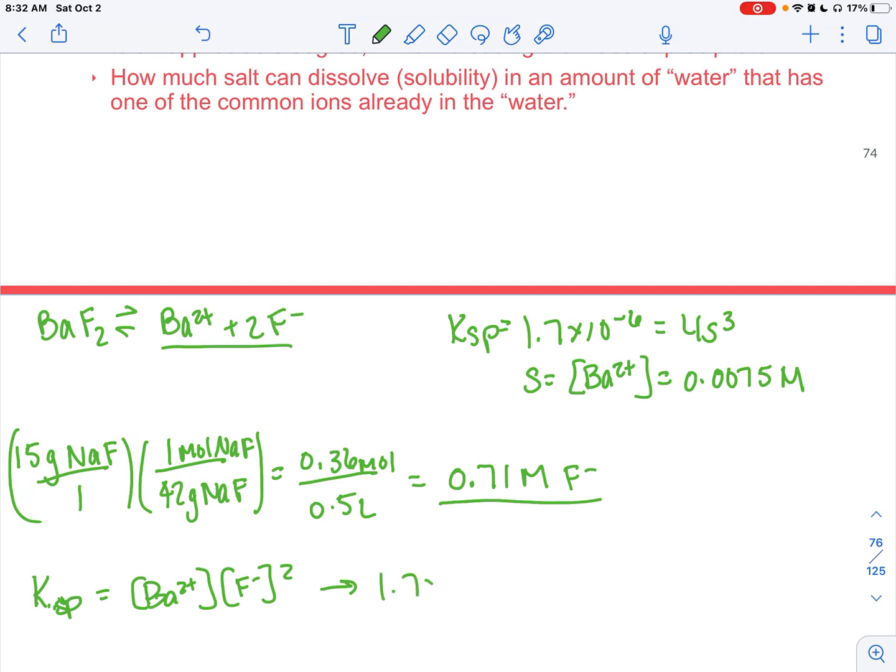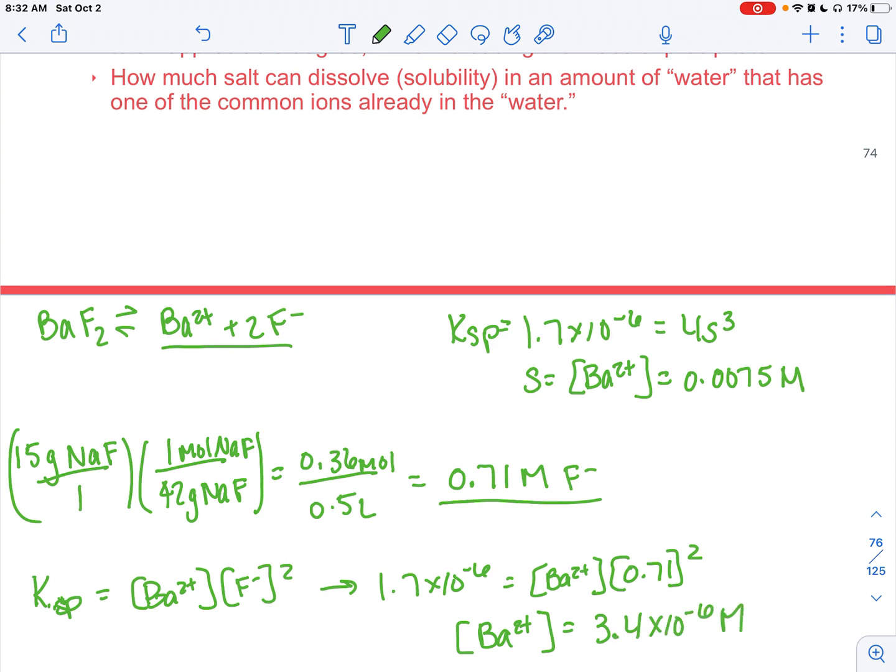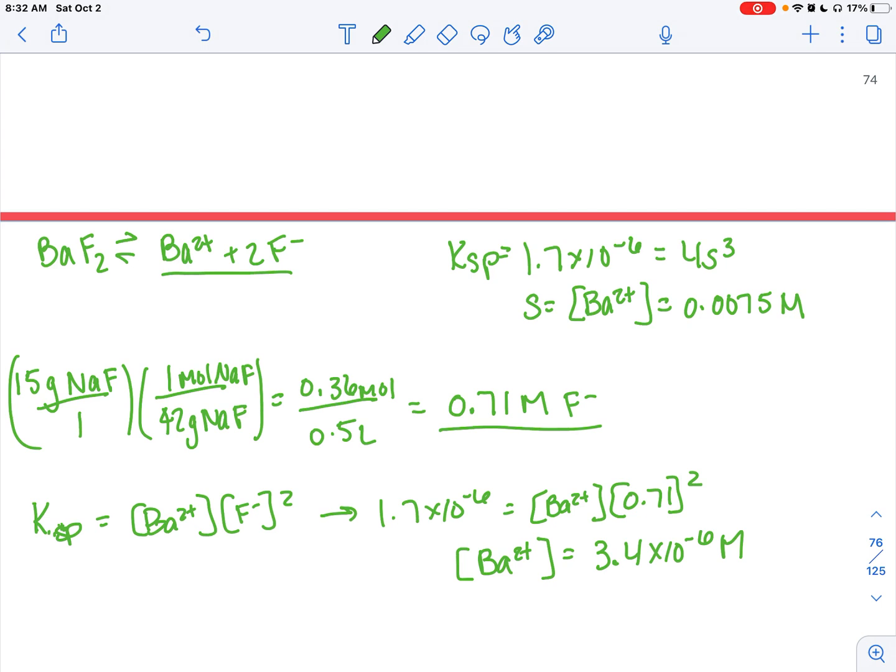So KSP is 1.7 times 10 to the negative 6 equals barium, and then my new concentration of barium would be this. So you can see, again, much lower than what it would be without the common ion.